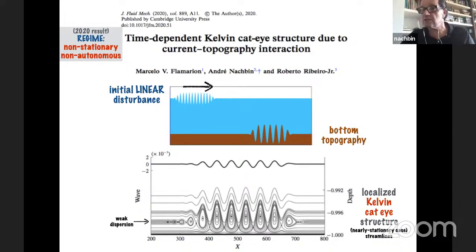Is this a robust structure? Is it persistent? And can we use all our tricks when the ODEs are non-autonomous? We basically have to take care of a few things, and it worked very well. So we put a disturbance and we make it interact with the topography. Down here, you see a quote-unquote compactly supported Kelvin cat's-eye type structure.